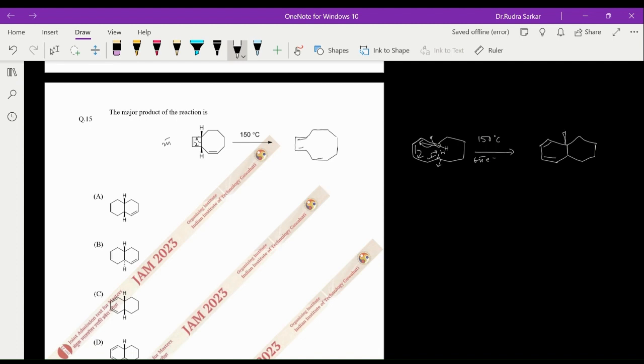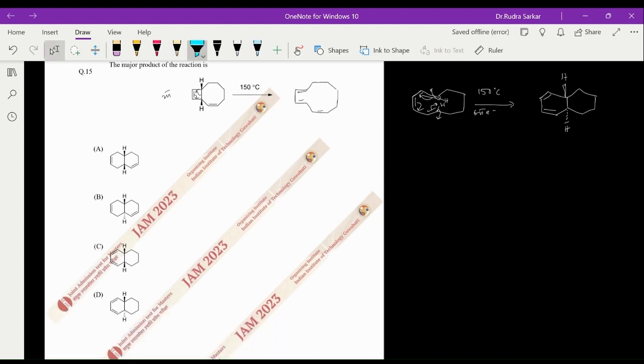Okay, so if you're having this up and this as down, then that should be the molecule formed, and our answer will be over here D.